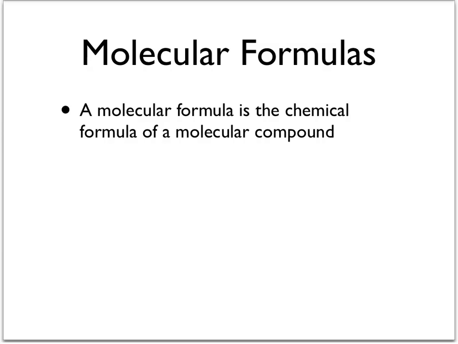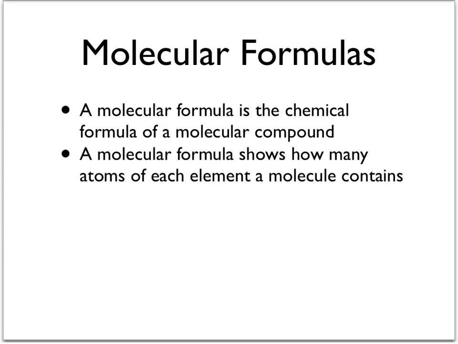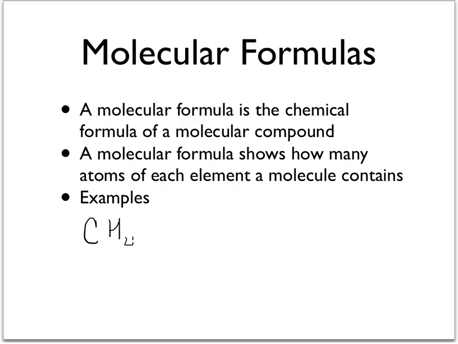So let's talk about molecular formulas. When we have a formula, it tells us the ratio of the atoms in a molecular compound. It shows us how many of each atom there are in each compound. For instance, you could have CH4, which says that there's one carbon. If there's nothing written, it's a 1. 1 carbon, 4 hydrogens.